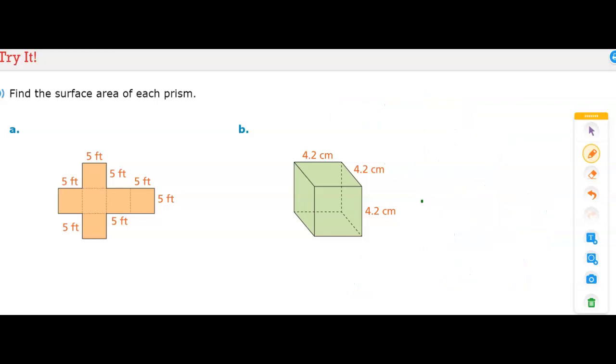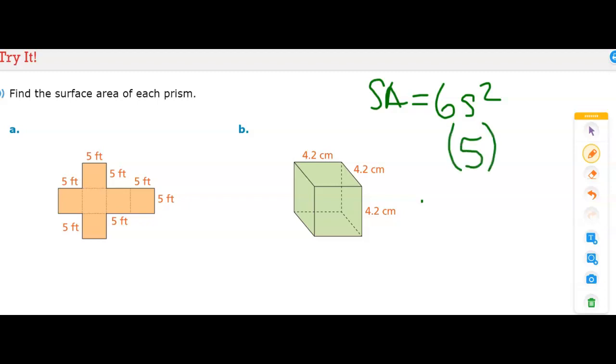A is a net. And what do you think it's a net of? It has all the same lengths on all of the sides, so that looks like it could be the net of a cube. So we can actually apply the same formula. The surface area is equal to 6s squared. So we have the 6 faces, and then the side is 5 feet.